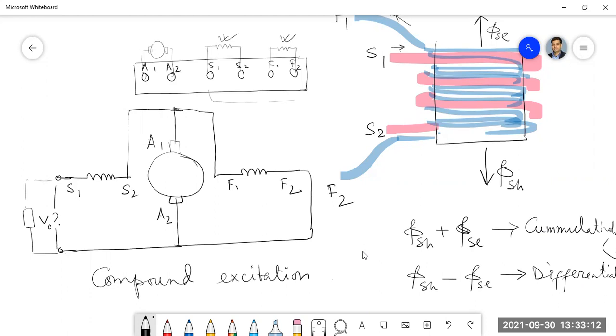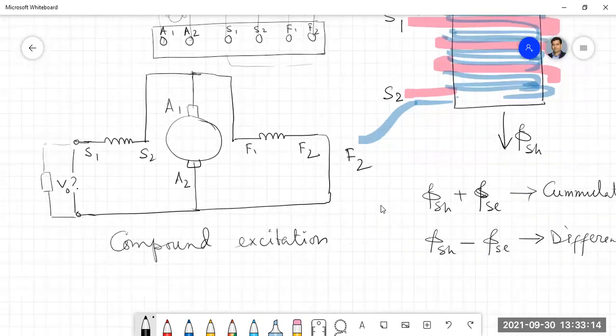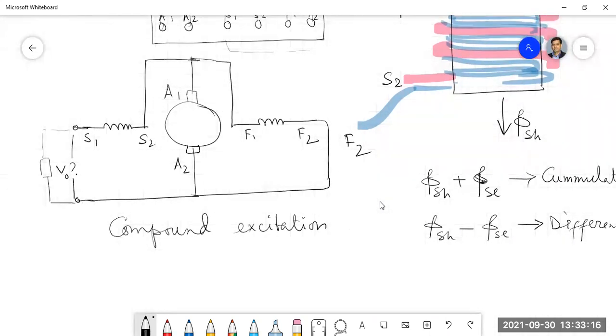So that means under a compound excitation we have two categories. One is cumulatively compound, another is differential compound. In case of cumulatively compound, the terminals are connected such that the two fluxes are aiding each other. In case of differential compound connection, the field coils are connected such that the fluxes contributed by them are opposing each other.